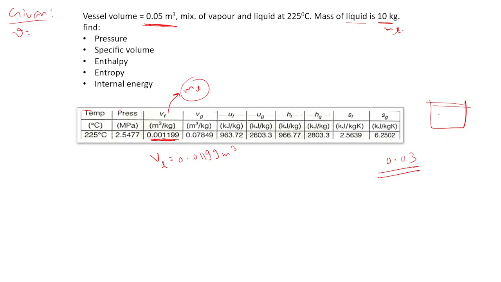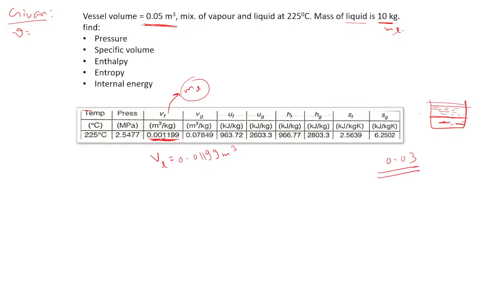Means the volume is this and here the liquid is there only. Correct or not correct? So nothing is above that. Now it's completely filled. 0.05 means some gas is there that will occupy this place. Correct?